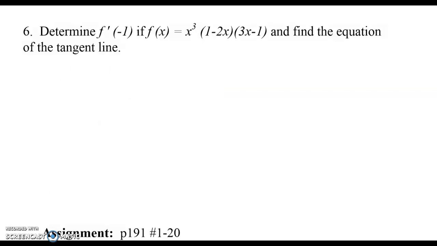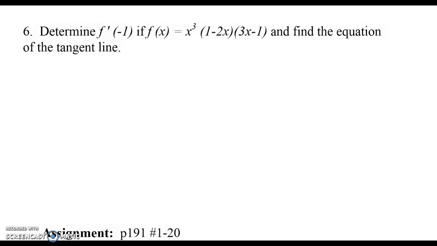Okay, number 6 here, it's on my page 2. We're asked to determine the derivative of function f at x equals -1 if this function f of x, as you see there, equals that.